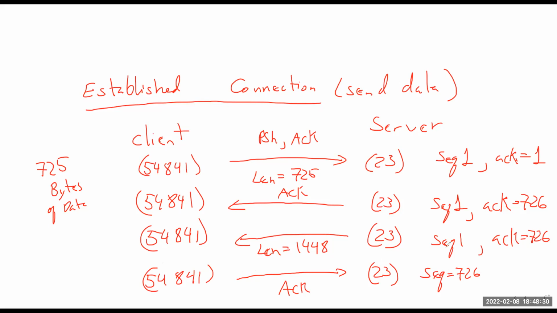And they're going to ACK also the next number for you, which should be 1449, so 1448 plus 1. Do you guys see that? This is the way the sequence numbers are going to be incremented relative to the amount of data that's being sent. And then you need to piece this together.